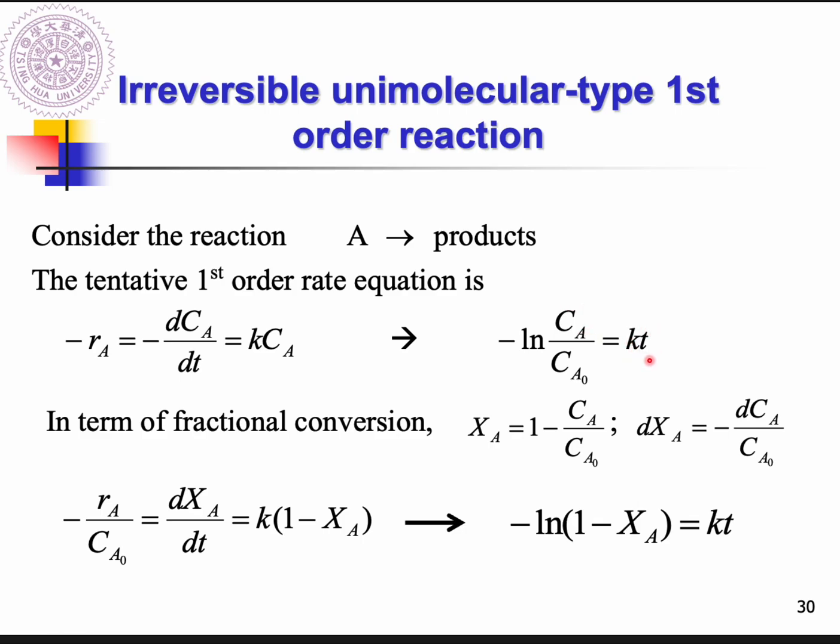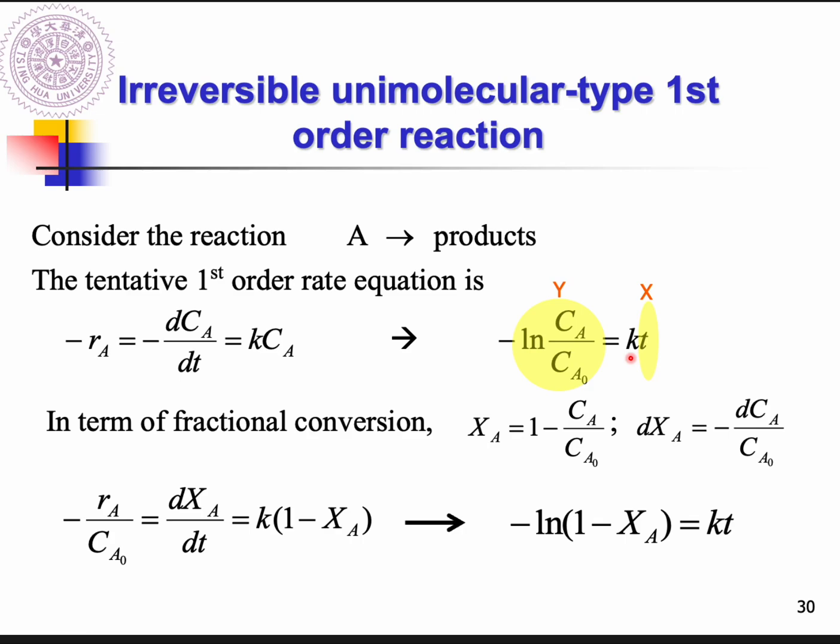So if your reaction belongs to first order reactions, when you use this as a y-axis and t as an x-axis, and you input the CA at specific time points, you will get a straight line, and the slope will equal the rate constant k.